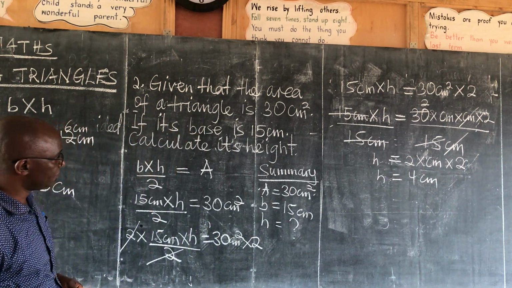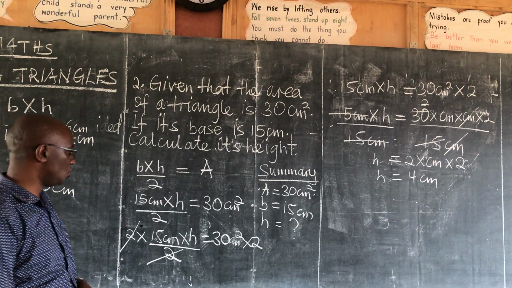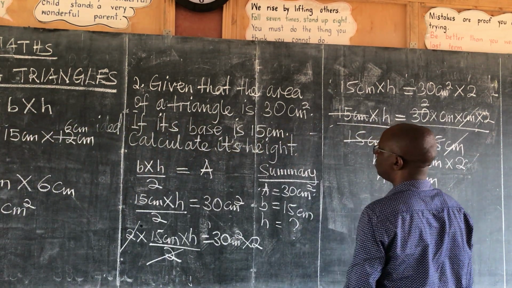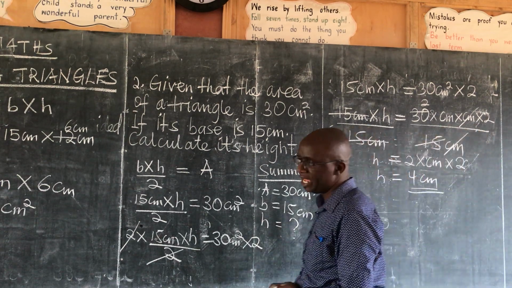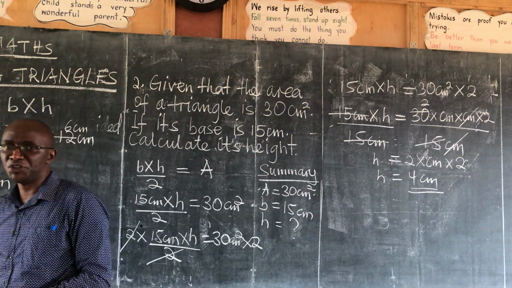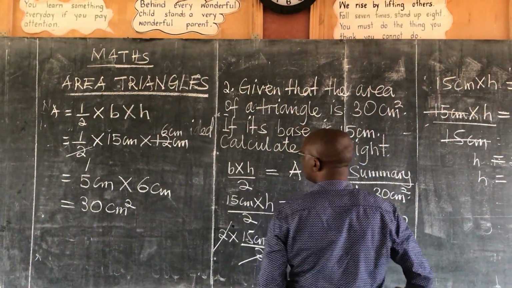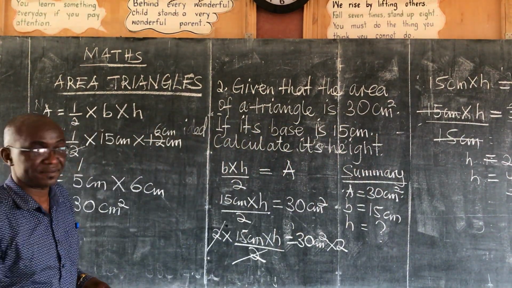So now, I think those 2 examples will be enough for us. Now I am going to write the activity for you on the board, the activity that will be done.